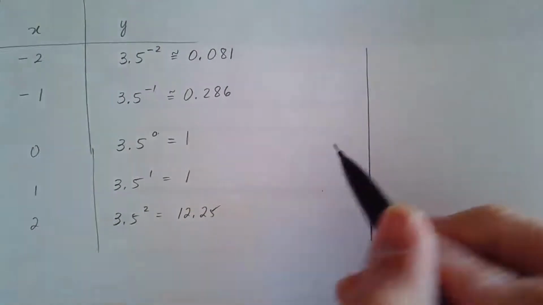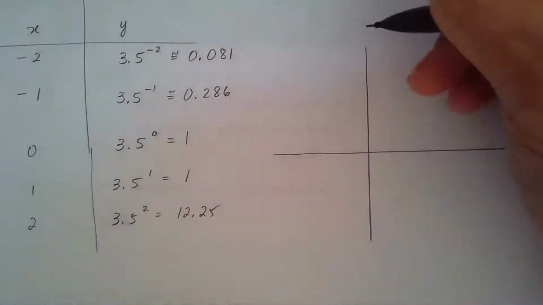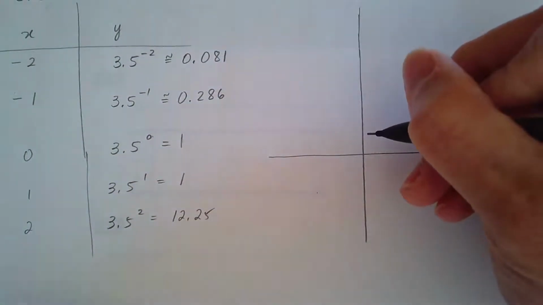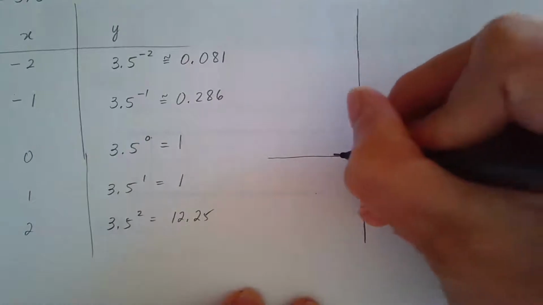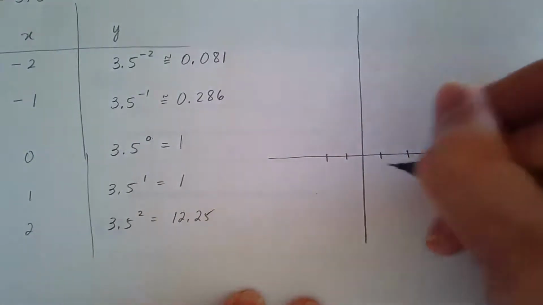So now that we have the table of values in here, we can create our graph. We can use a scale of 1 if you want. So negative 1, negative 2, positive 1, positive 2.